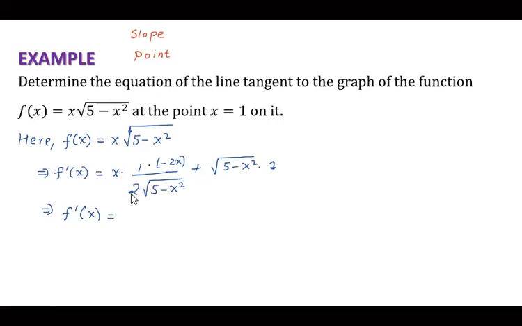So 2 and 2 cancel. And what we are left with is x times 1 times negative x, that is negative x squared over the square root of 5 minus x squared. Plus the second term is the square root of 5 minus x squared multiplied by 1, which is just the square root of 5 minus x squared.